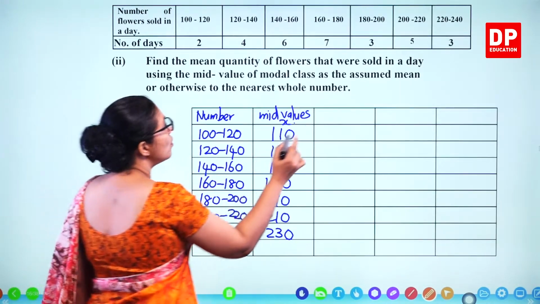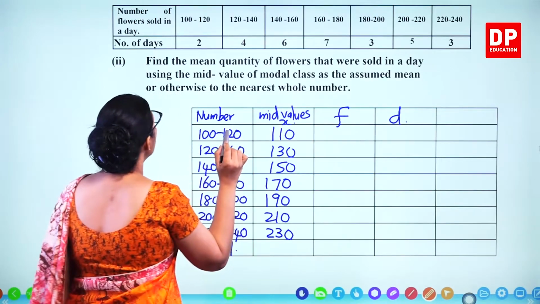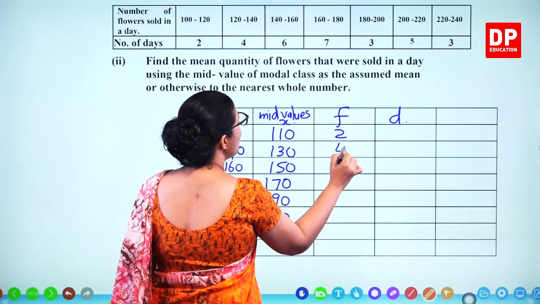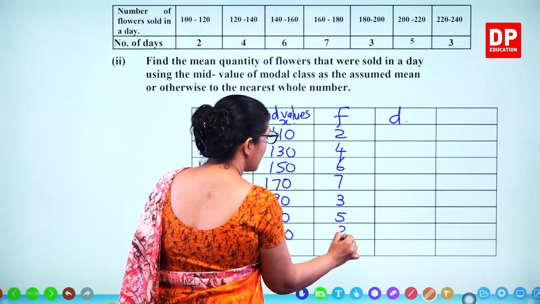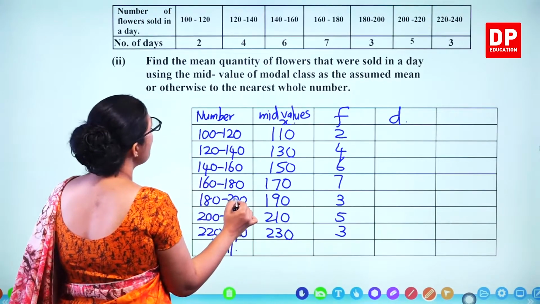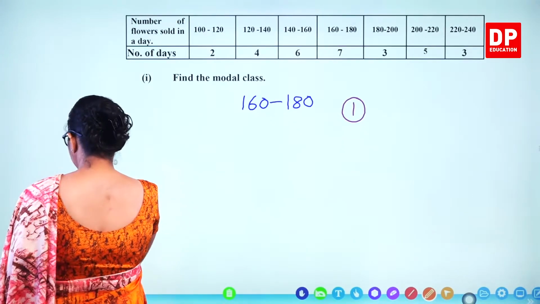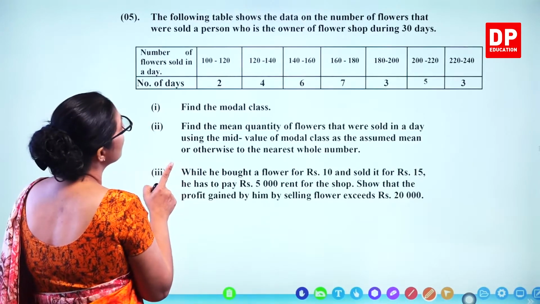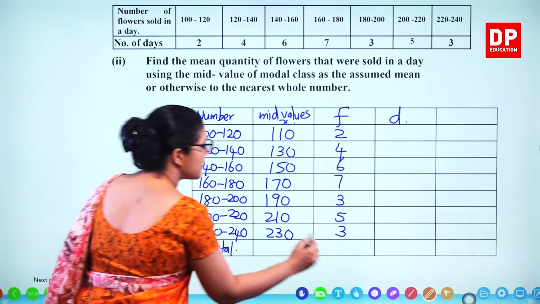Now we have to calculate the deviation, but before that we'll write down the frequencies. 2, 4, 6, 7, 3, 5, 3. So what's the total given? 30 days. That means you can straight away take this as 30.